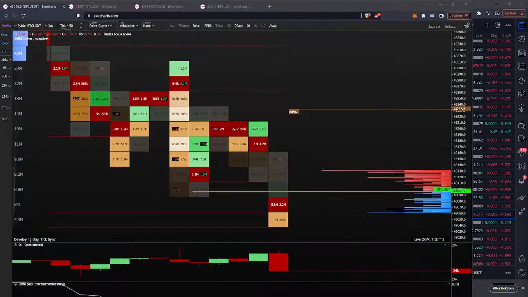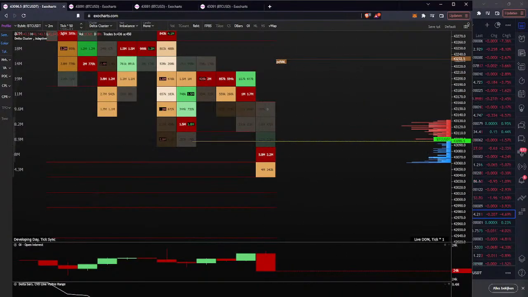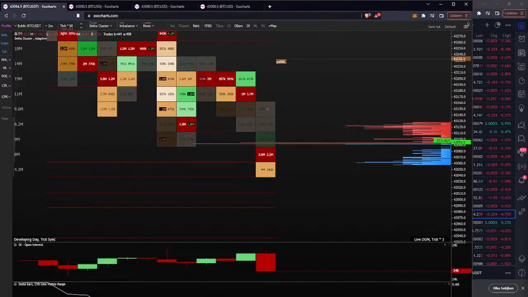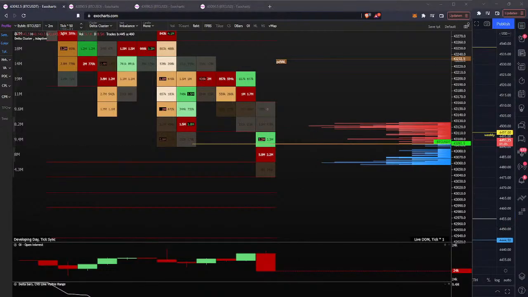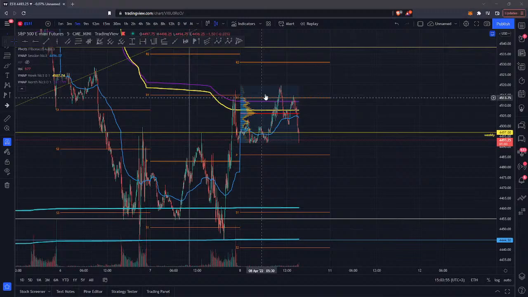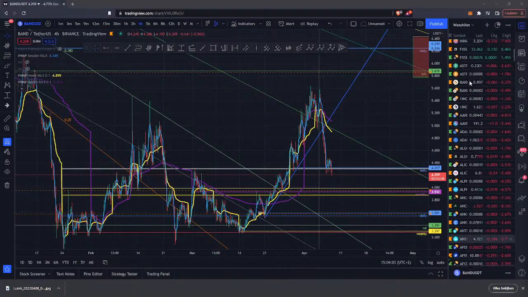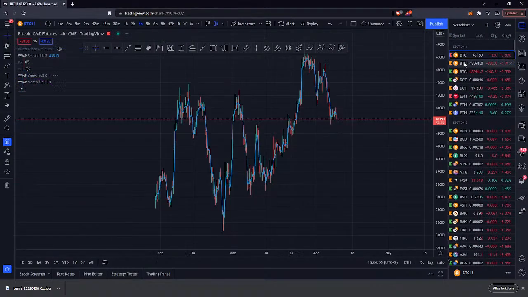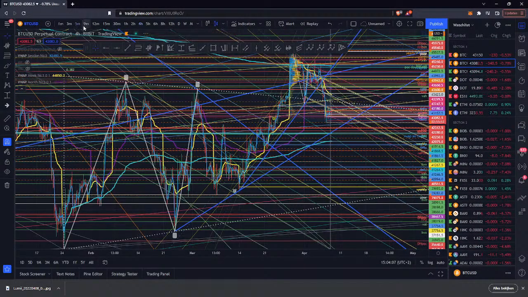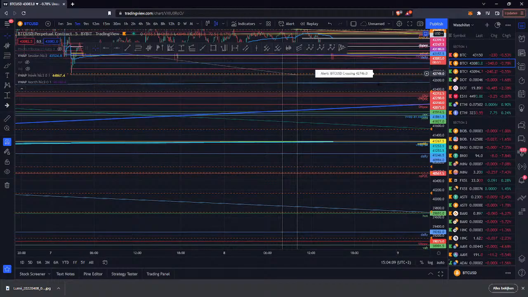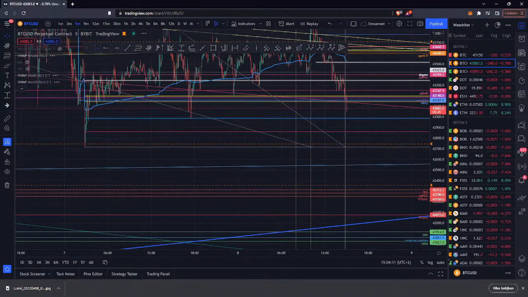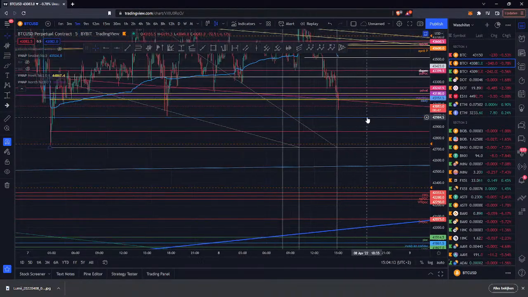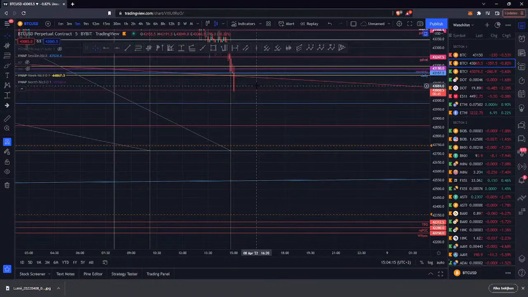Let's see, so we got that extra drop. If you saw this, it's quite interesting. You see on the 5 minutes an immediate drop here and that quickly made Bitcoin drop another leg.